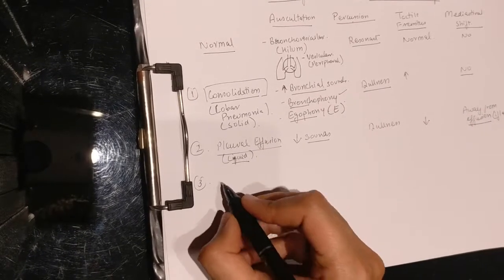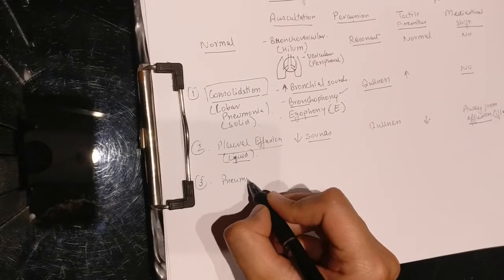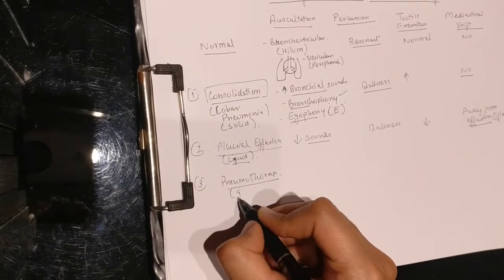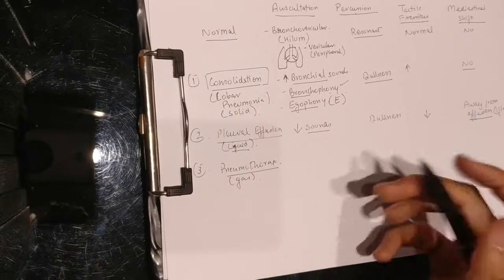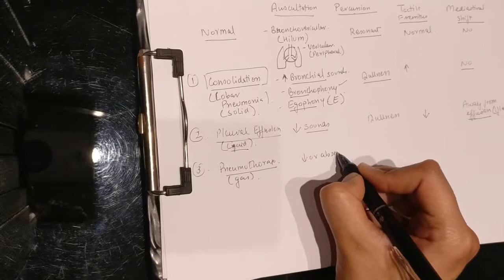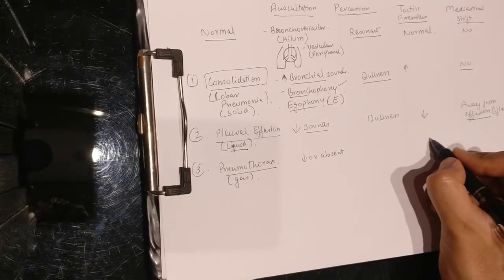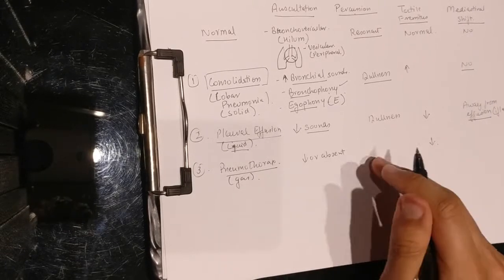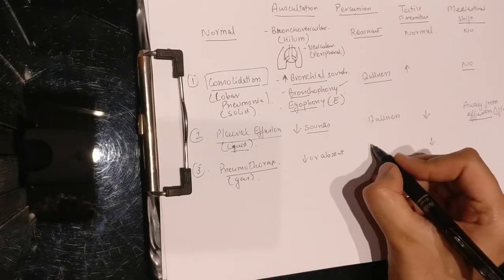Moving on to gases. Pneumothorax, which is a gas, the sounds would be decreased or absent. Naturally, the tactile fremitus would also be decreased. Now, because this is a gas, the percussion would be hyperresonant.